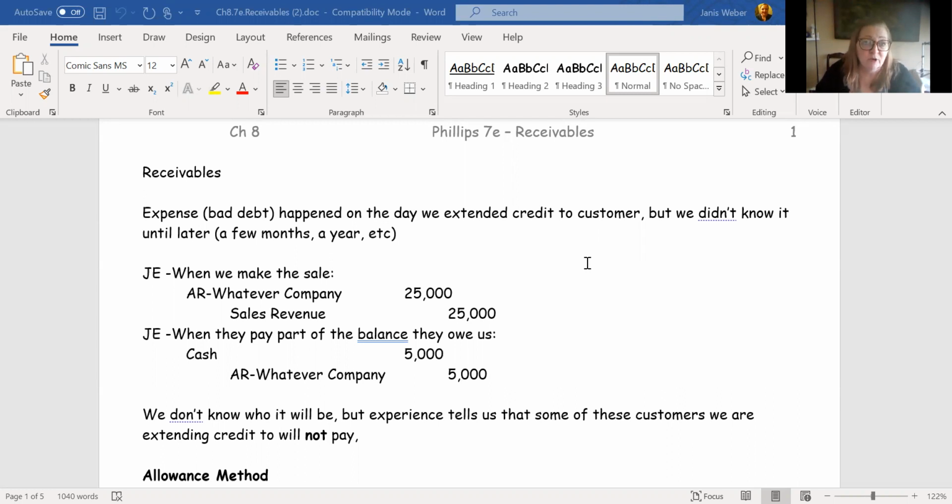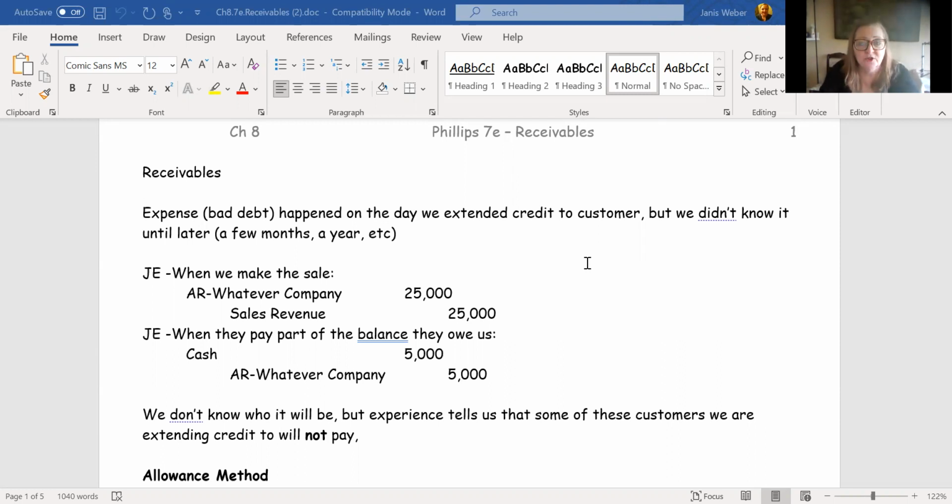And so that's why there's multiple ways to calculate how much the bad debt is. But in either case, you're supposed to, by GAAP rules, estimate a part of your receivables as uncollectible and make an allowance account for the expected loss from that.